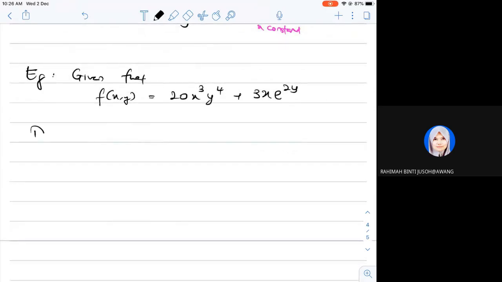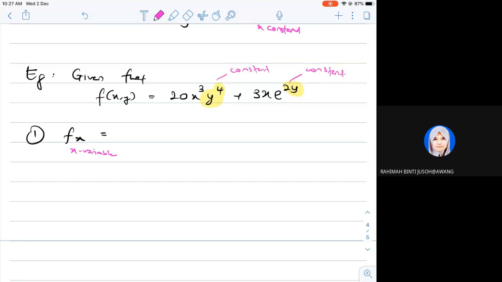Number one, I want you to find f_x, differentiating with respect to x. As I mentioned earlier, x is the variable, so you have to assume that y becomes a constant. You must treat all the y as just a constant, because we differentiate with respect to x first.